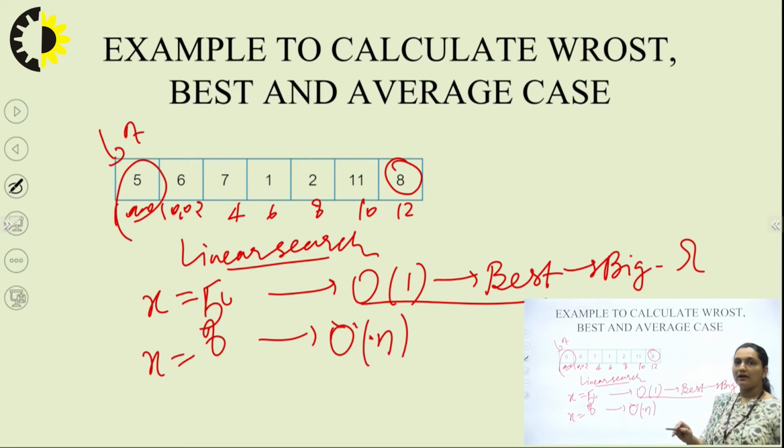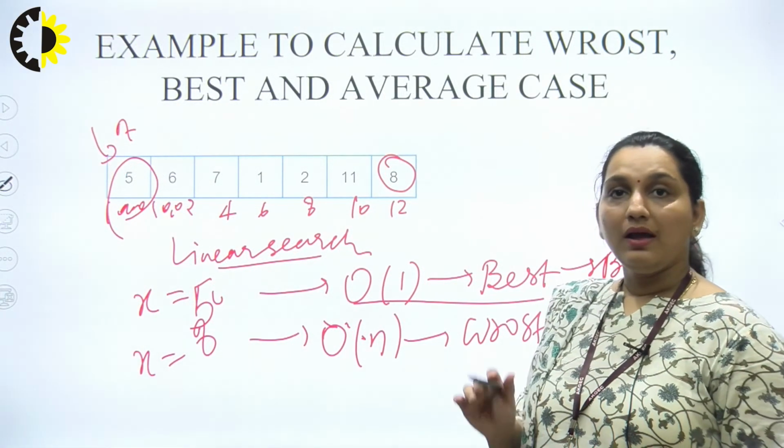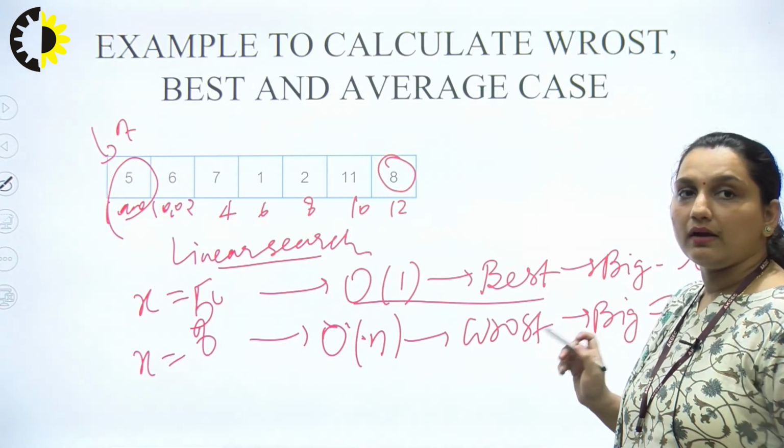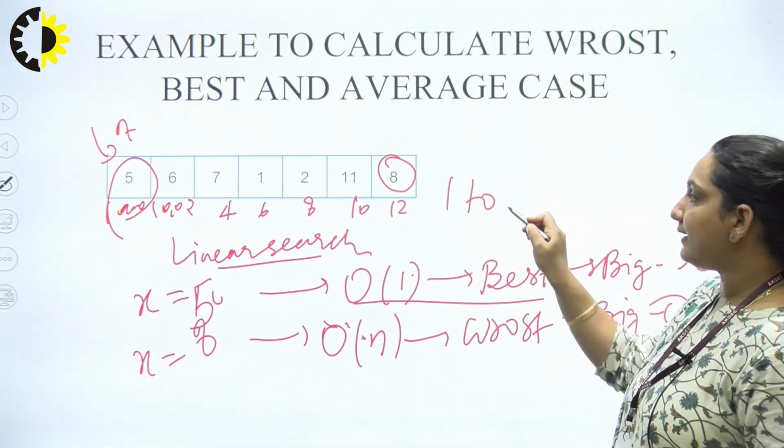The worst case means we look from the start to the end. This is called the worst case, and it is given by big O. Exceeding that is not possible; my algorithm will run in 1 to n time.